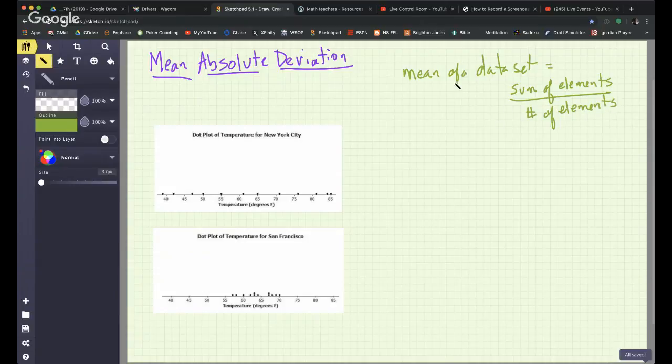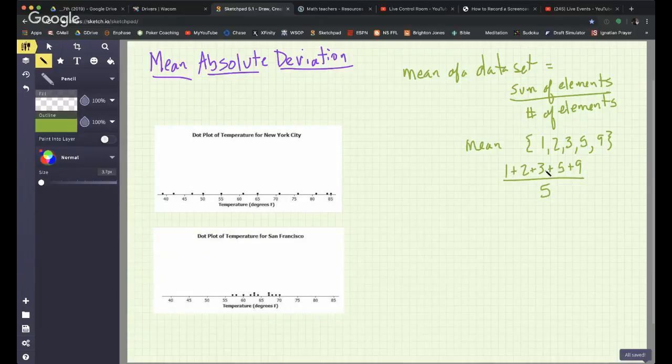So for example, the mean of the data set containing 1, 2, 3, 5, and 9, we would find the mean to be 1 plus 2 plus 3 plus 5 plus 9 over the number of elements, which is 5.